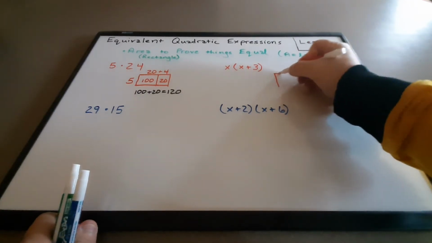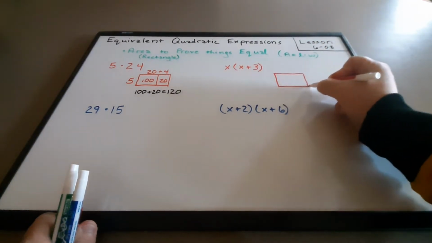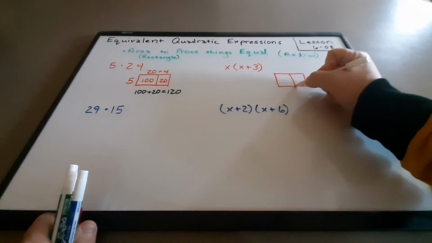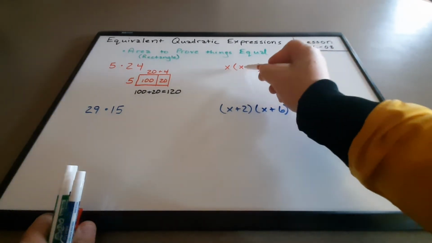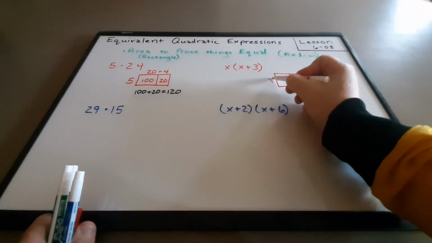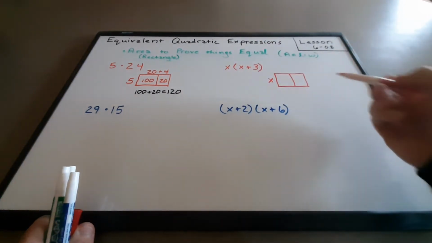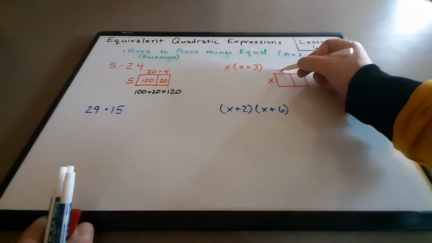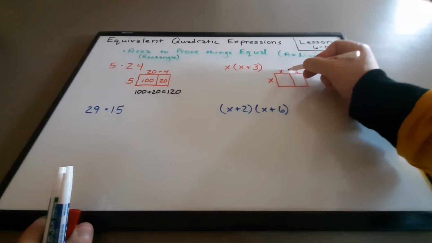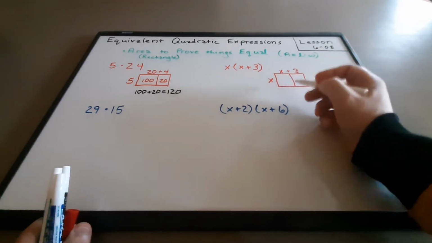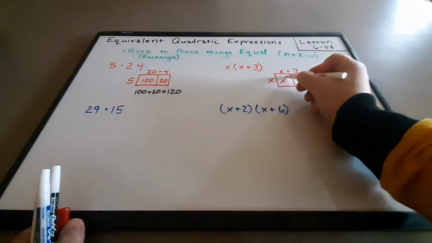We make our rectangle, and we split it down on one side because there's two numbers here. We only have one number here being x. Here we have x and plus 3. So we take x times x, which we know is x squared.